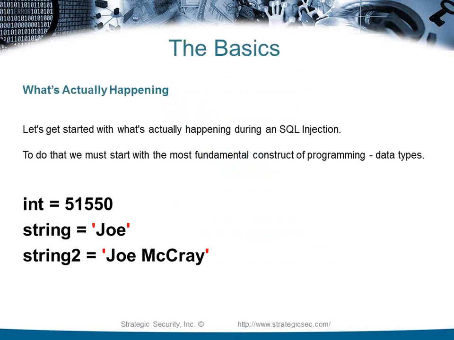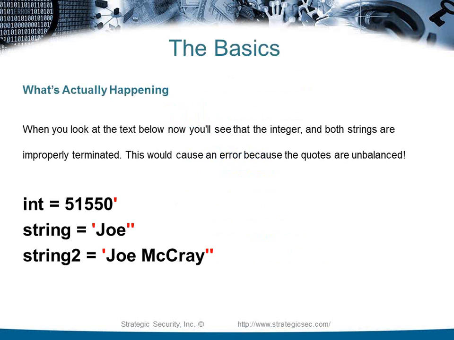And I've got a string, Joe, and string 2, Joe McRae. You guys notice that I have a single quote at the beginning and the end of the string. This is important because computers are great with numbers, but they're horrible with words. So they need something that lets them know where the beginning and the end of a string is.